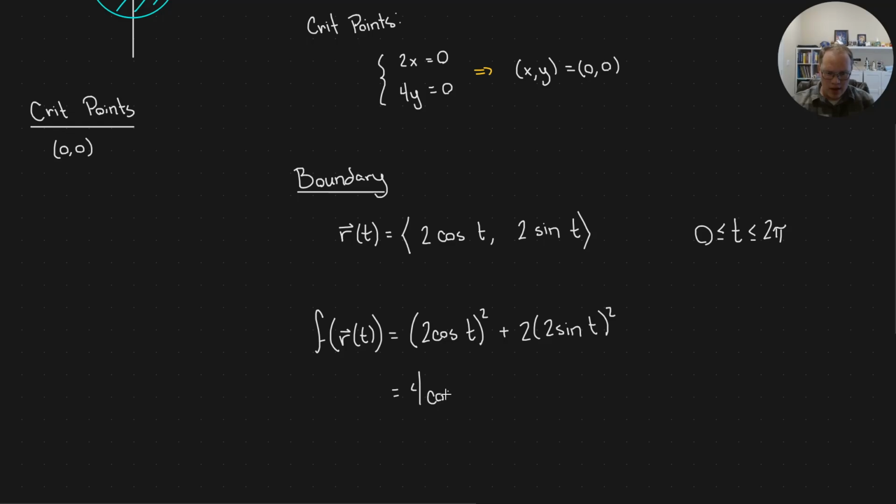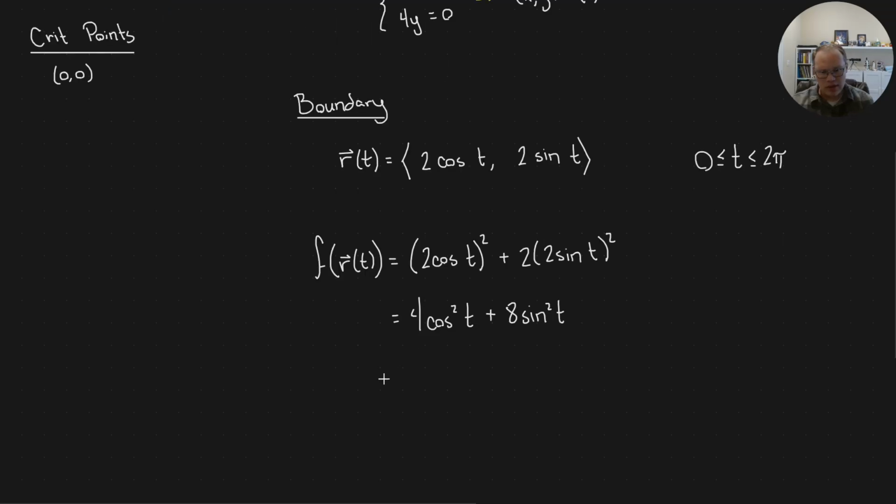If I square, I get 4 cosine squared t, and then 2 sine t. If I square that, I get 4 sine squared t times another 2. That'll be 8 sine squared t. And I've got a cosine squared plus a sine squared. I know cosine squared plus sine squared is 1. Now this isn't quite that. This is 4 cosine squared plus 8 sine squared.